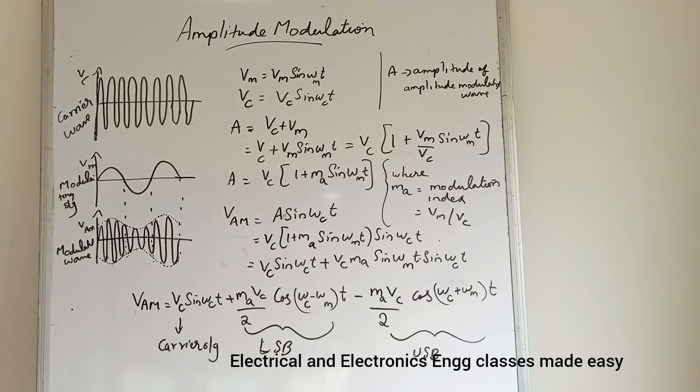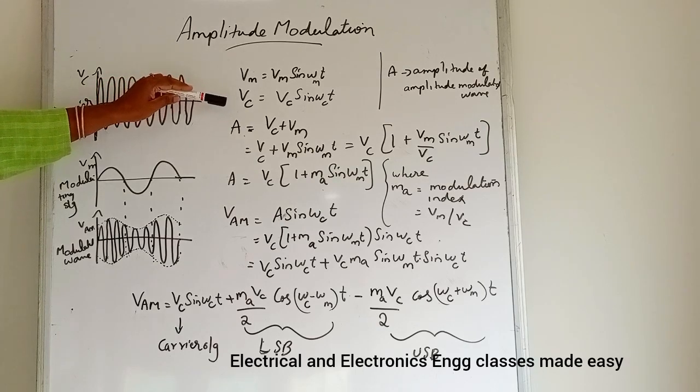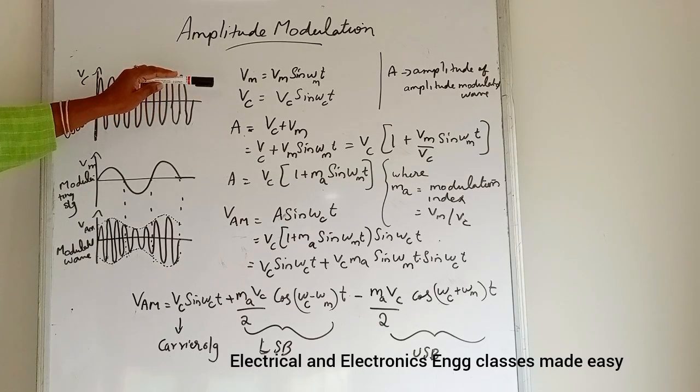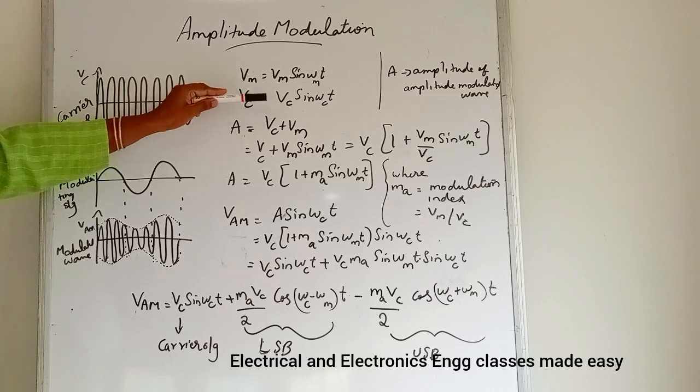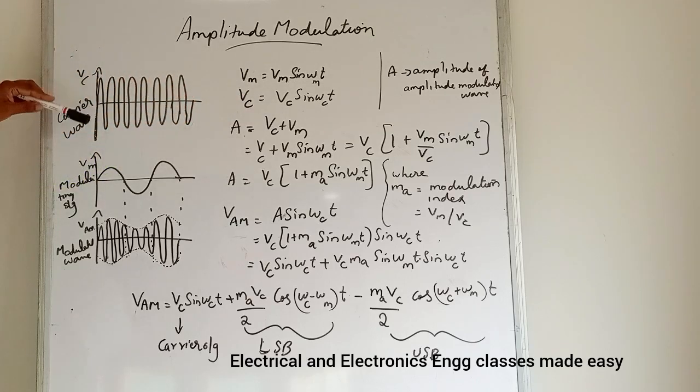Then let Vc = Vc sin ωc t be the instantaneous voltage of the carrier signal, where Vc is the amplitude of the carrier signal and ωc is the angular velocity of the carrier signal.